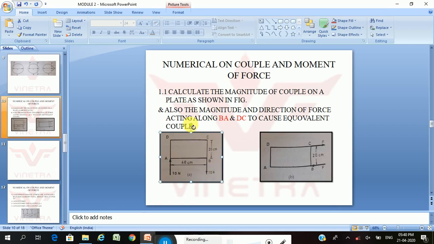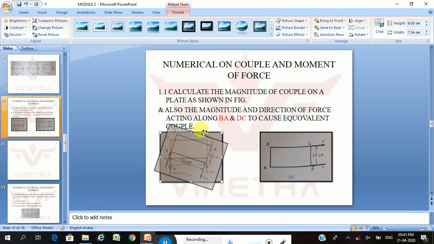Because of these two forces, the magnitude is 10 Newton and 10 Newton. The forces are equal and opposite in direction, because of which this plate will start to rotate in the clockwise direction like this. So the couple applied is a clockwise couple.